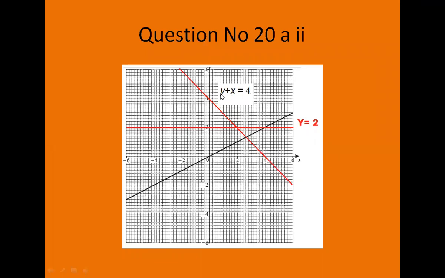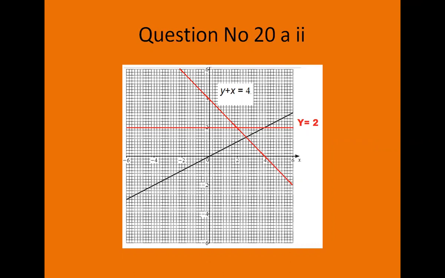Okay, then they ask you to draw this line y plus x equals 4. So y equals minus x plus 4. You can make a table and suppose some values of x, for example 0, 2, 4, and find the value of y. The equation will be y equals minus x plus 4.